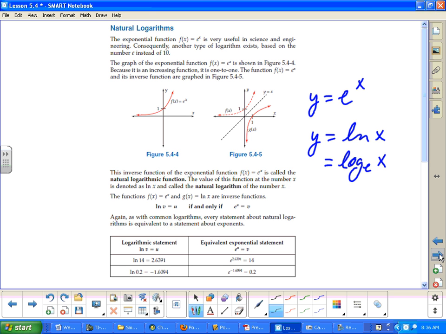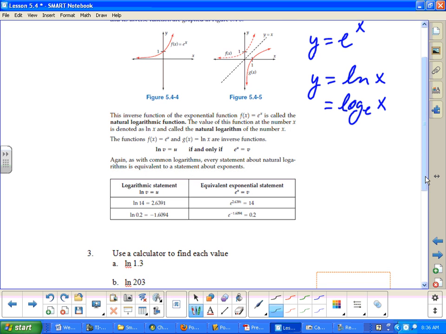Because basically what they are is the log base e of x. Before we go back and forth, notice that e raised to the power of x has domain all real numbers, range greater than 0.